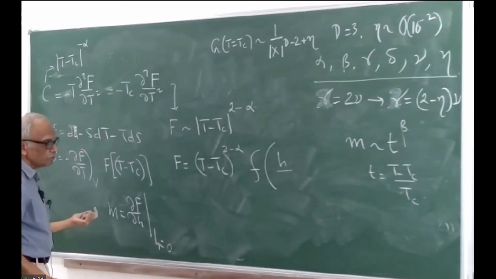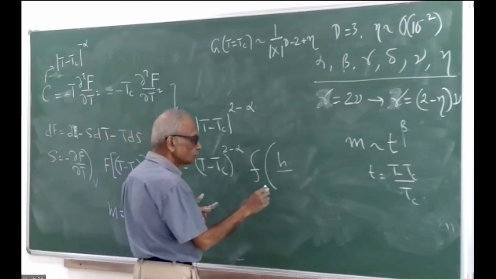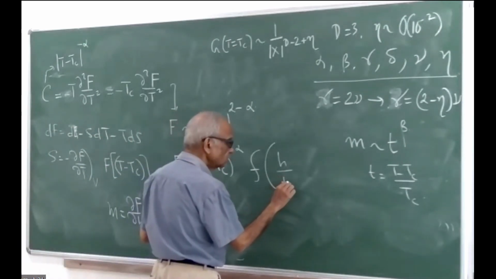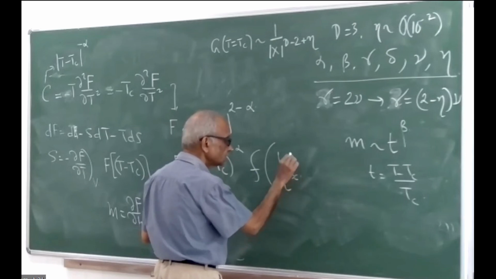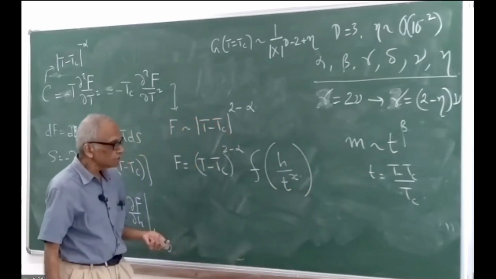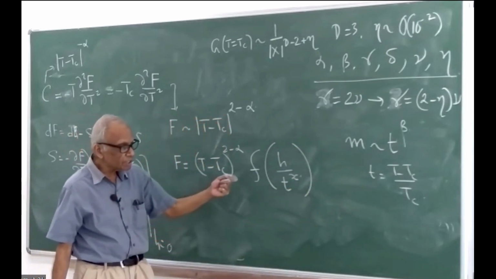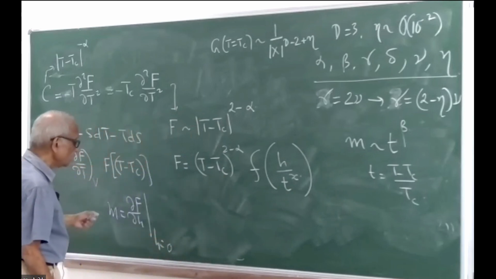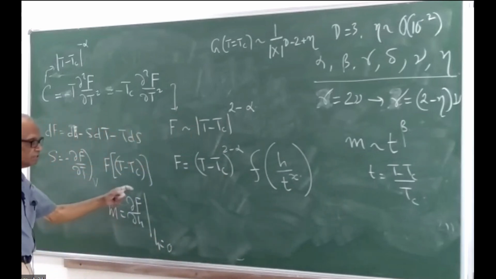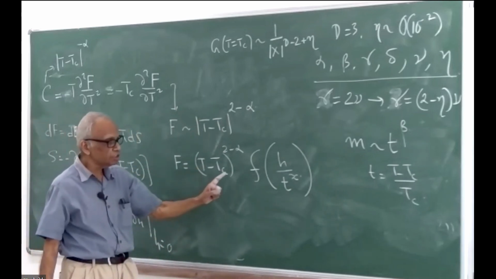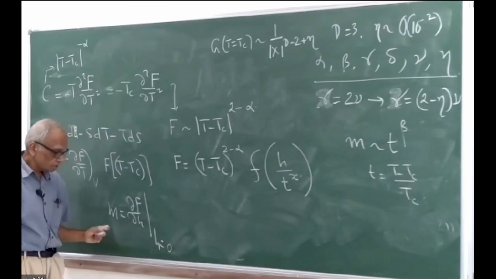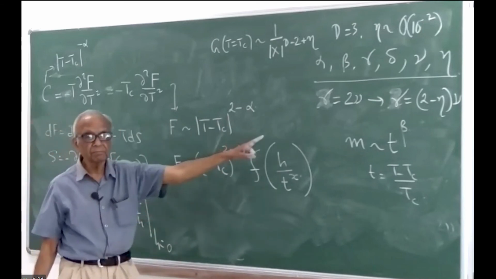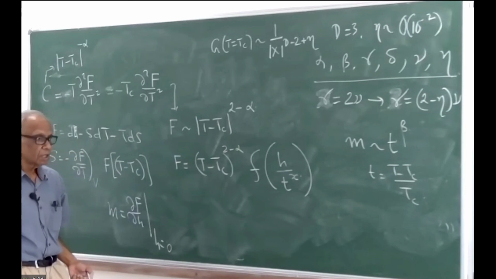But now there has to be a t to the power, let's say, x, so that when I take a derivative of f with respect to h, I get this t to the power beta back.